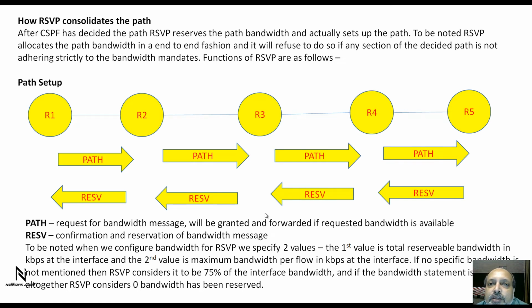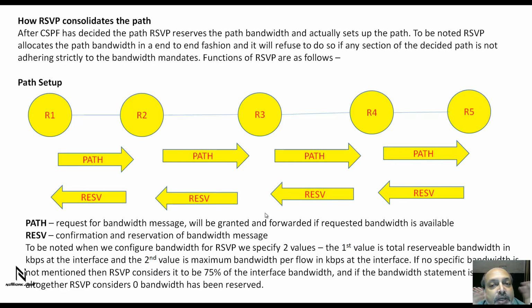So till now we have discussed two steps of how CSPF works. At first IGP will flood the different bandwidth conditions and cost conditions of the entire IGP domain, and this information is taken up by CSPF.